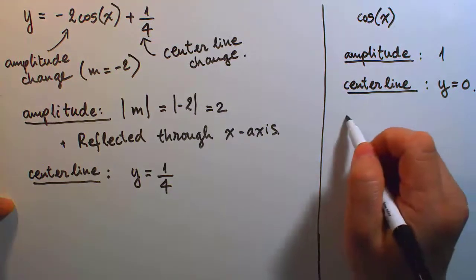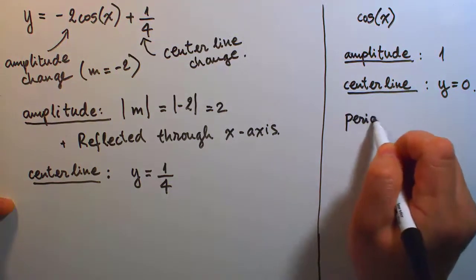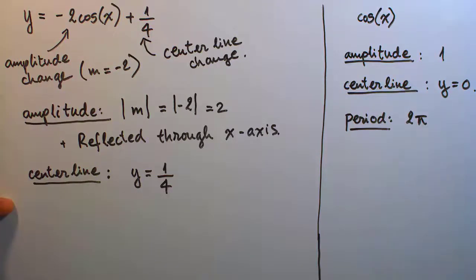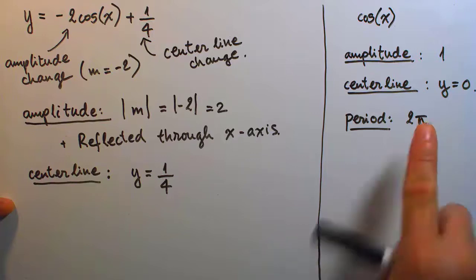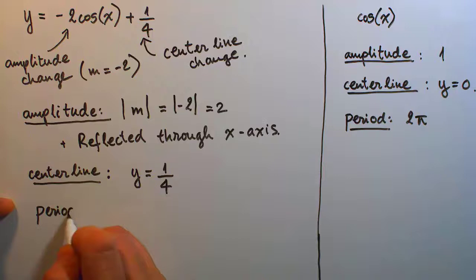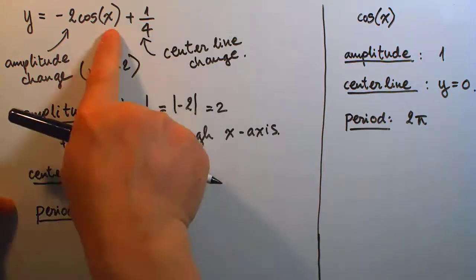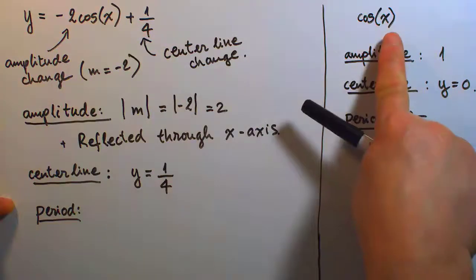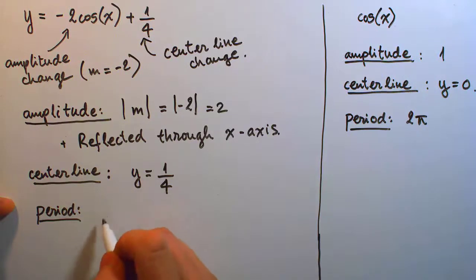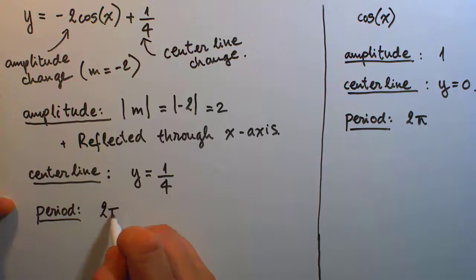And for all the remaining parts, the period on the original cosine is 2 pi, and we refer to that as a standard period. The period on our current function, since the inside of our cosine looks exactly like the inside of our original cosine, we expect the same period, or no period change.